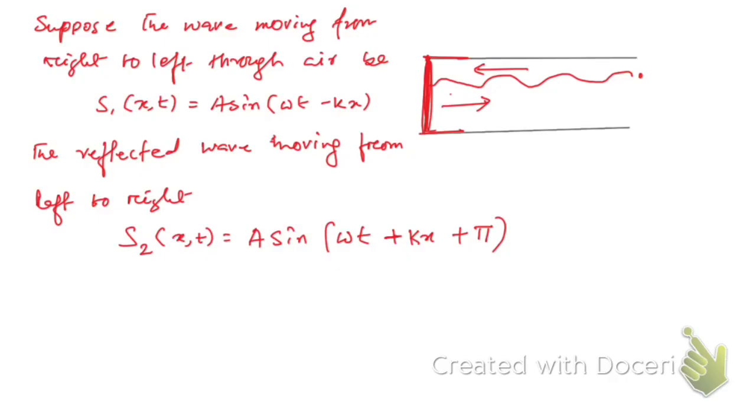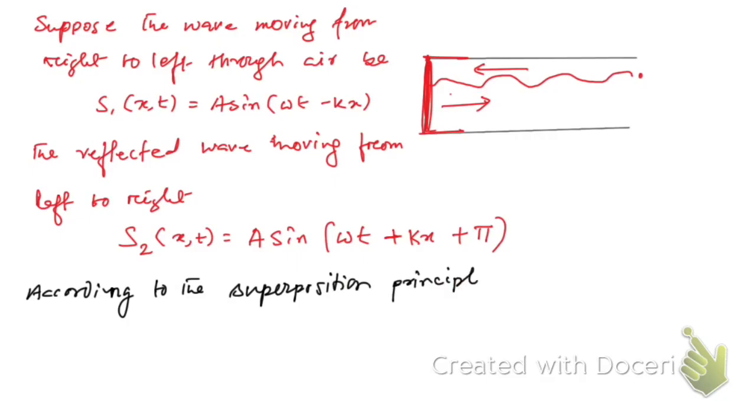So now, according to the superposition principle, the resultant wave is s = s1 + s2.